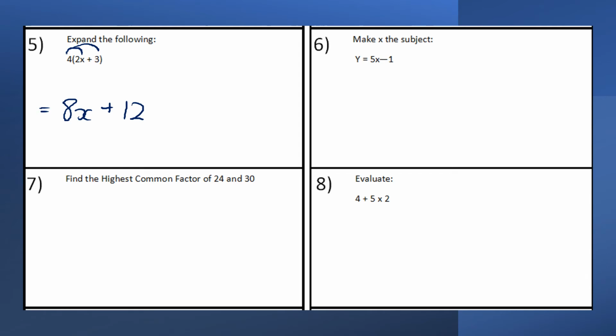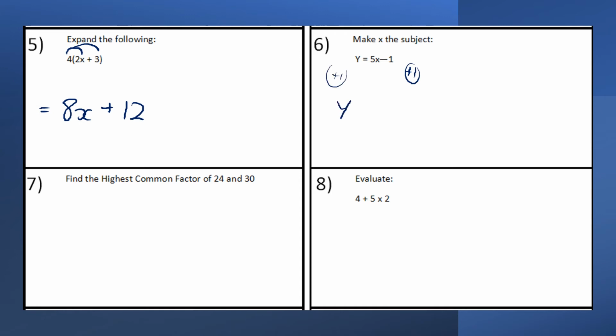Good. Question number 6, make x the subject. So that means we want to get x on its own. And to do that, we use inverse operations. So we're looking at the right hand side. We've got 5x take away 1. So the first thing I'm going to do is add 1, the inverse of subtracting 1. Add 1 to both sides.